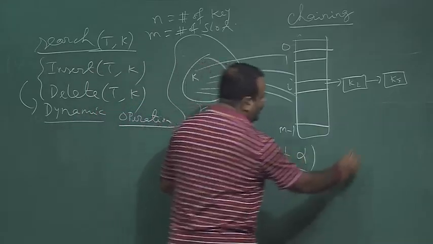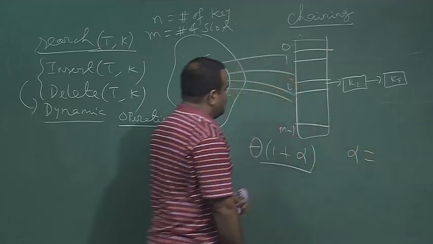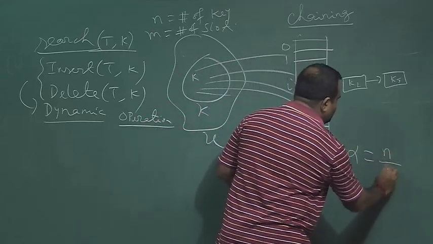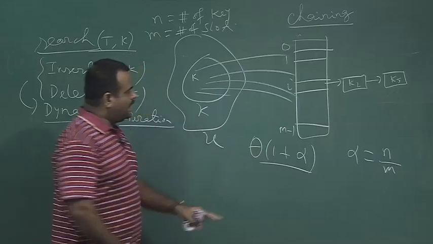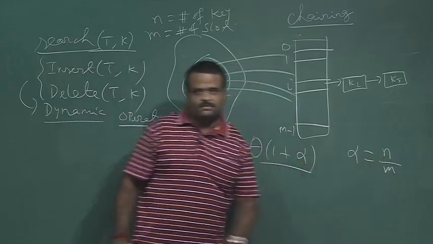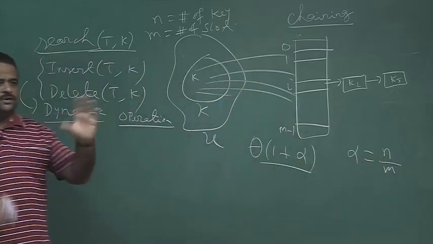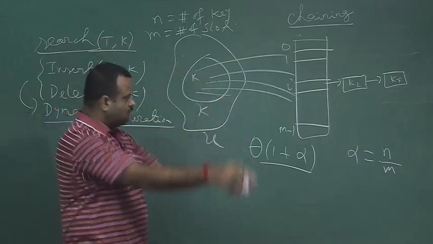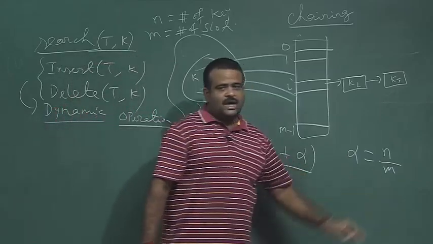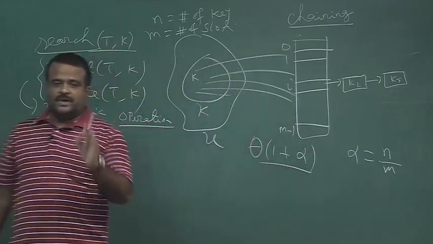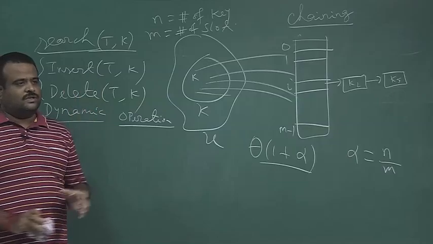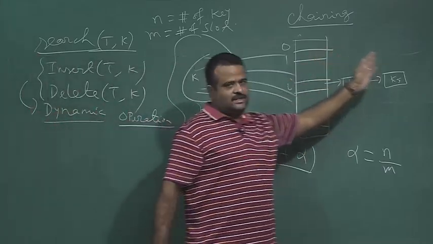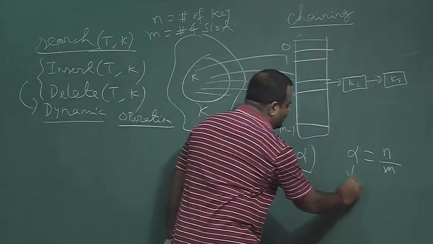What is alpha? Alpha is basically n by m. n is the number of keys, m is the number of slots. If you assume the uniform distribution of these keys onto the slots, then this is the expected number of keys in each slot. So that is the expected size of the chain, and this is what is called the load factor.